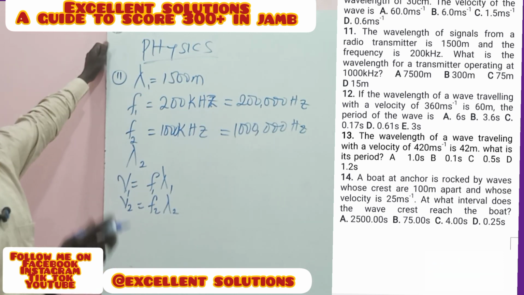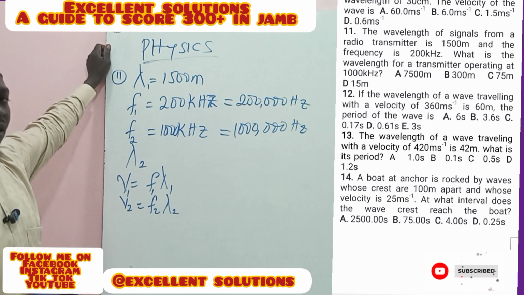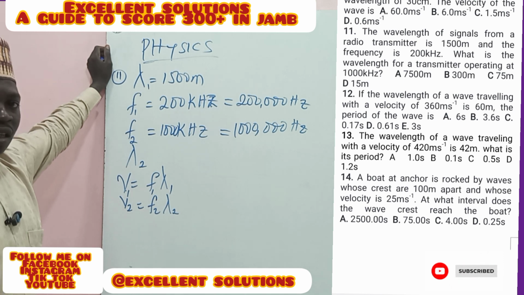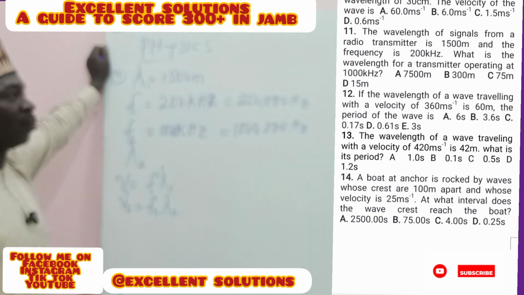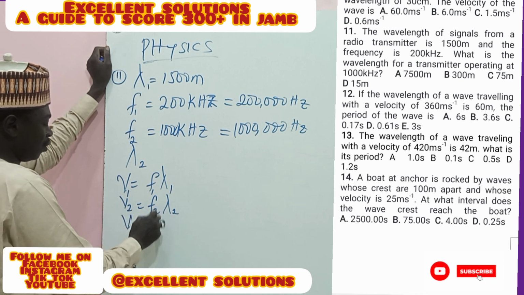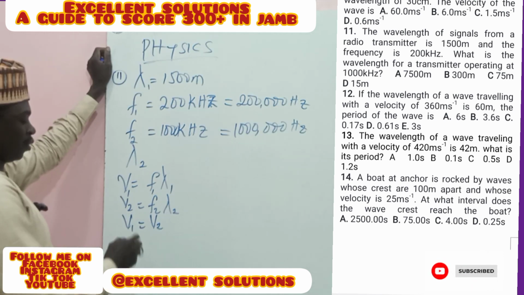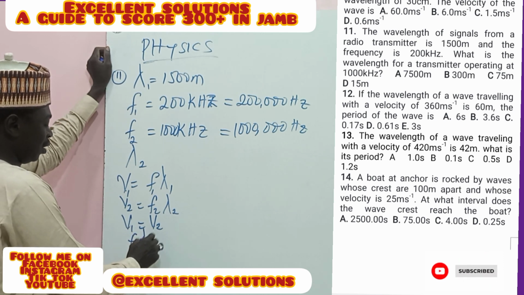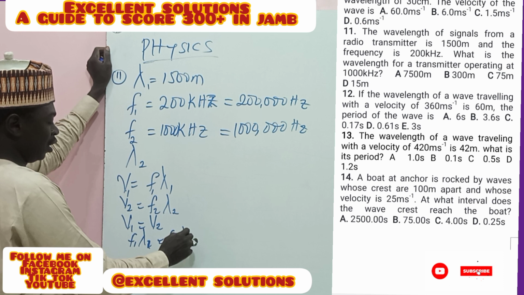Since it is a radio wave, all electromagnetic waves have the same velocity of 3 times 10 to the power 8 meters per second. So V1 equals V2, and we have F1 lambda 1 equals F2 lambda 2.